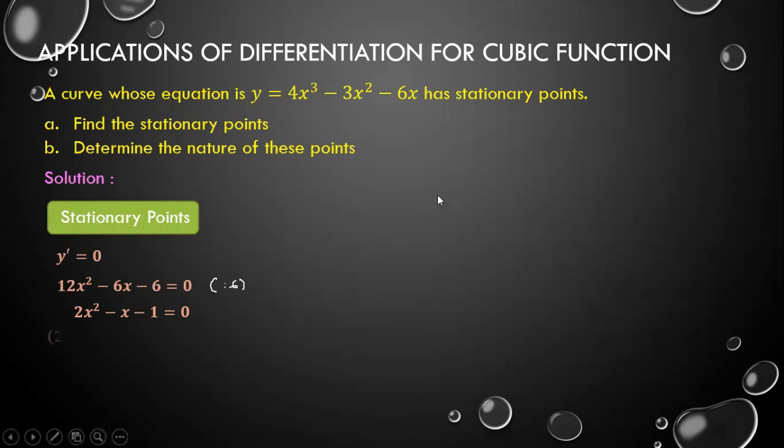All right, we have to factorize: (2x plus 1)(x minus 1) equals 0. We'll find the first x1 is minus 0.5 and x2 is 1.